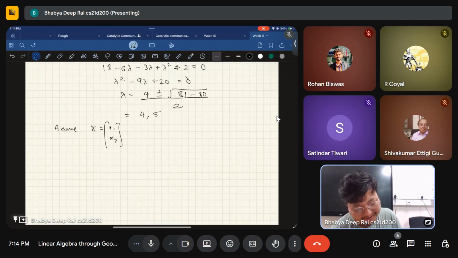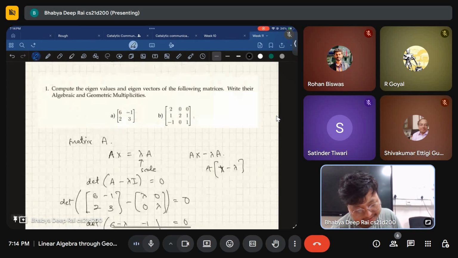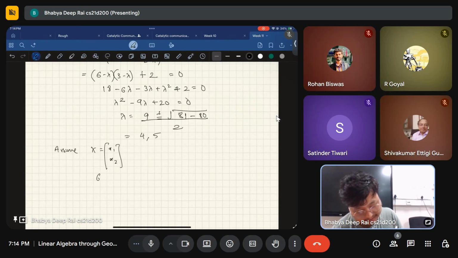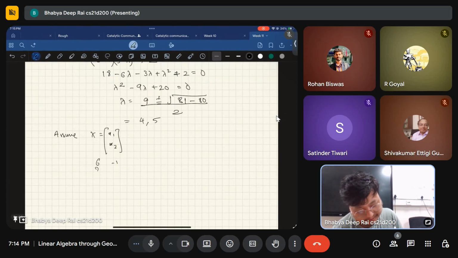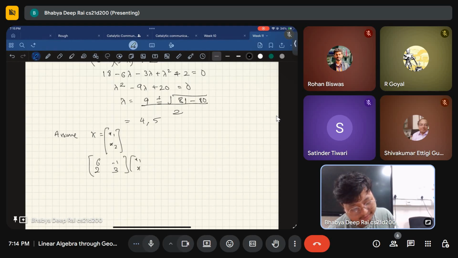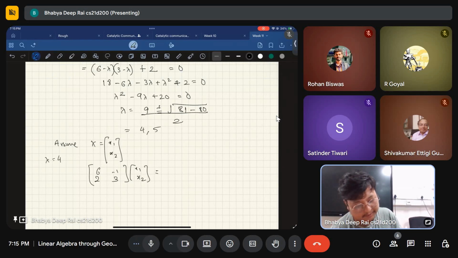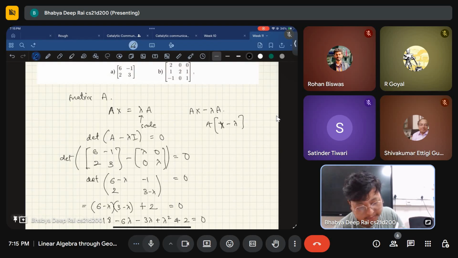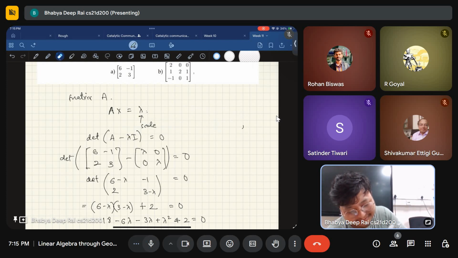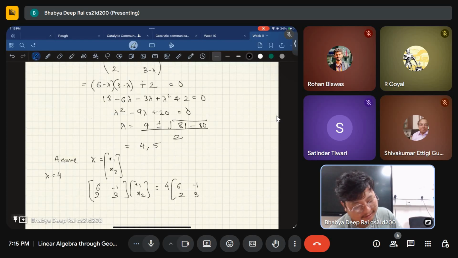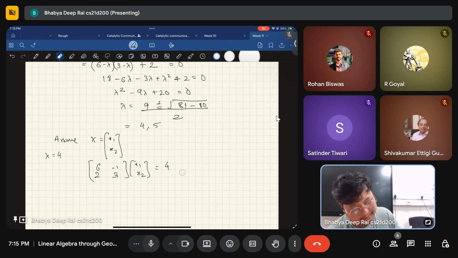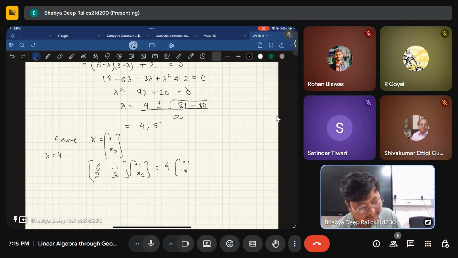Then I get Ax, which is the matrix 6, minus 1, 2, 3 times x1, x2, equals, let's say lambda equals 4 first, 4 times x1, x2, right?